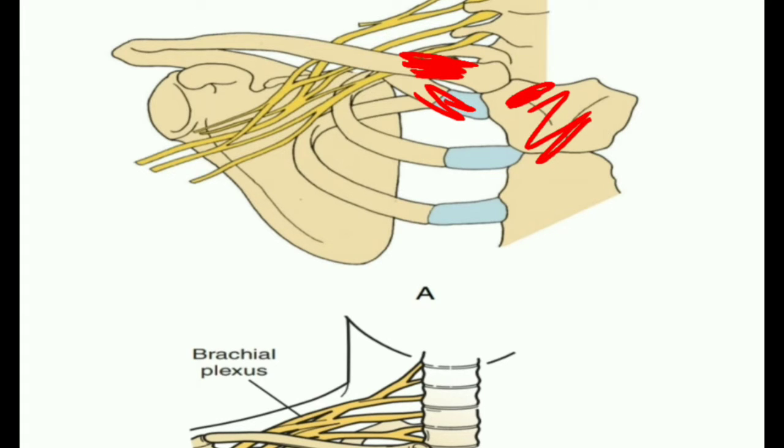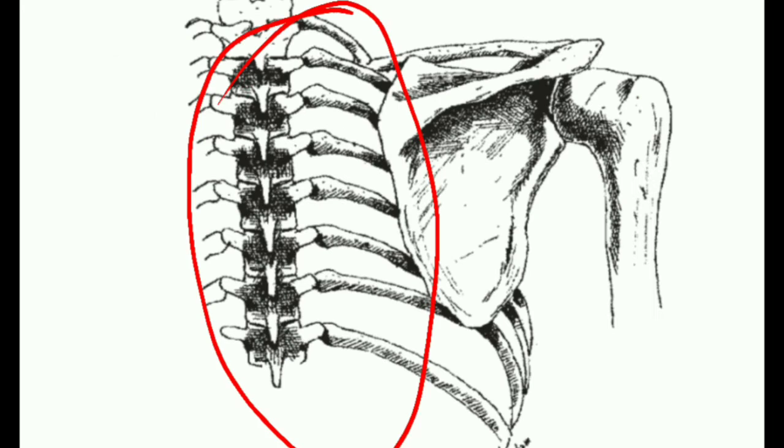So here you can see the sternoclavicular joint is the only structural continuation between the axial skeleton, that is your center body or the axis of the body, and the appendicular skeleton, or the upper extremities, like this.